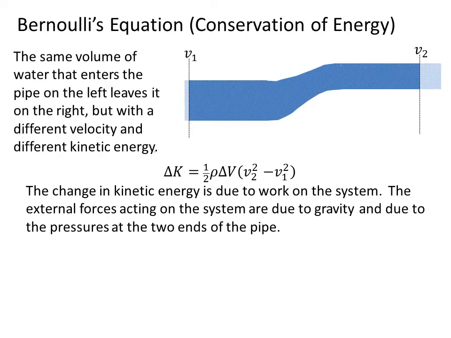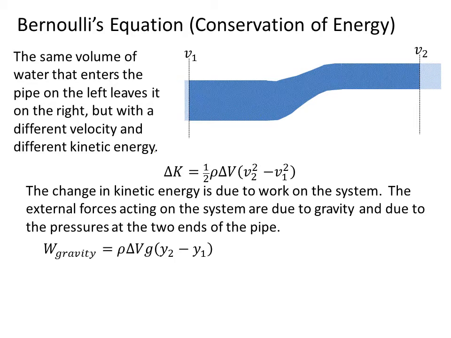There are external forces acting on the system, and they are due to gravity and due to the pressures at the two ends of the pipe. So if we look at gravity first, gravity is a measure of this change in potential energy as it goes from the lower pipe on the left to the higher pipe on the right.